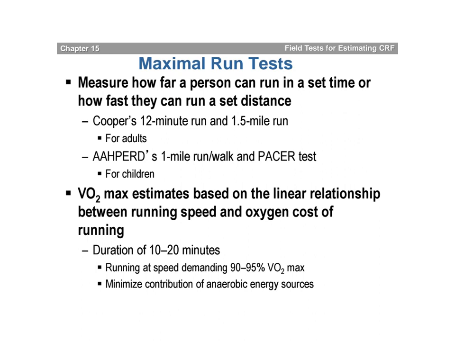But in order to get the best estimate, you're going to want to have the people running at a speed that demands about 90 to 95% of VO2 max. And that duration is typically for these tests about 10 to 20 minutes. And the reason for this is that if the person runs for 5 minutes or less, they can rely a lot on anaerobic metabolism to generate the energy they use during that time.